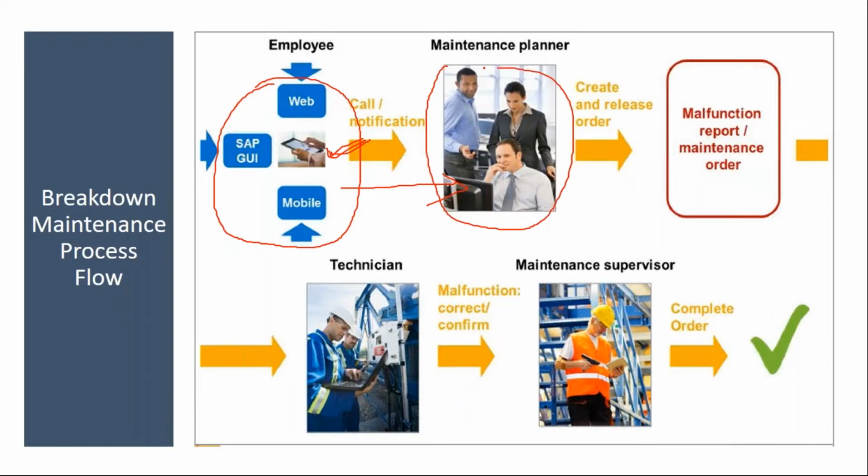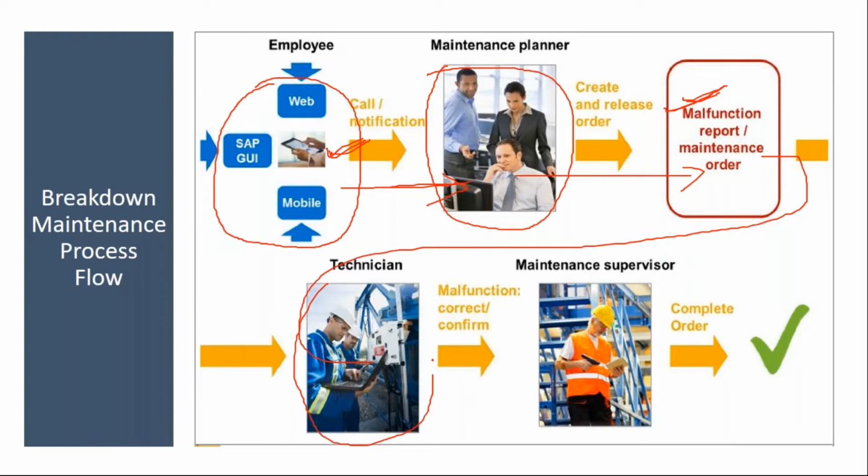The maintenance department receives that notification, and from that notification they create a work order. In the work order they do all the planning: what activities need to be carried out, what spare parts are required. Then they release the work order.